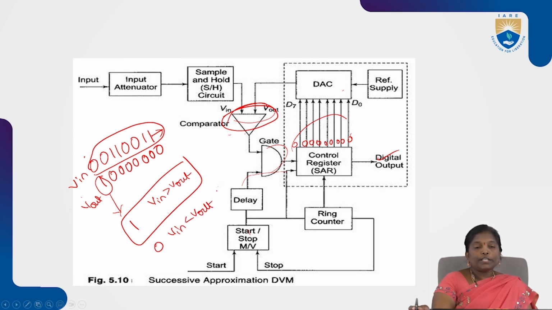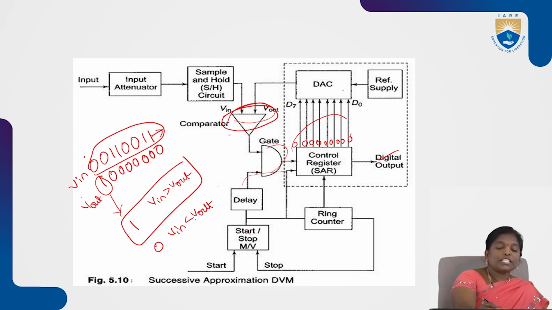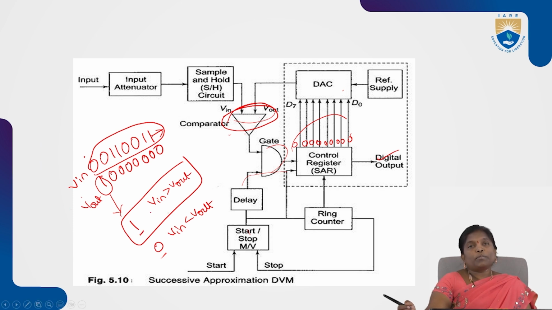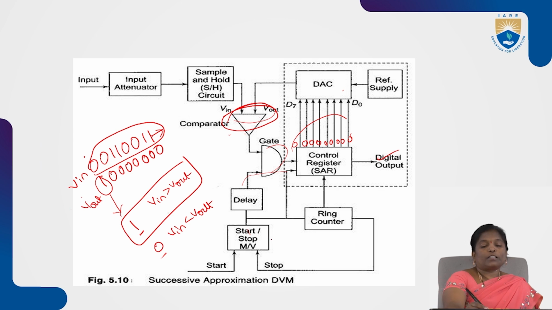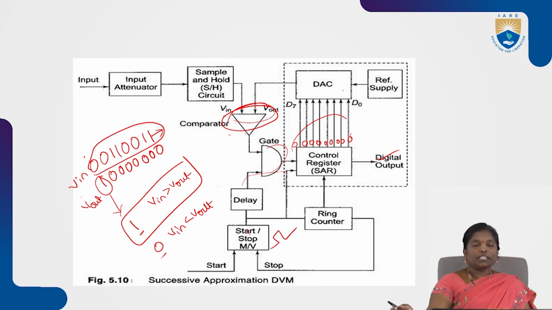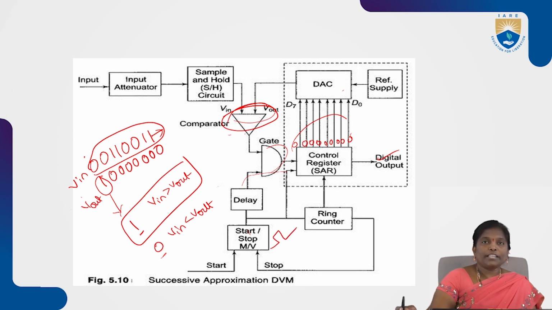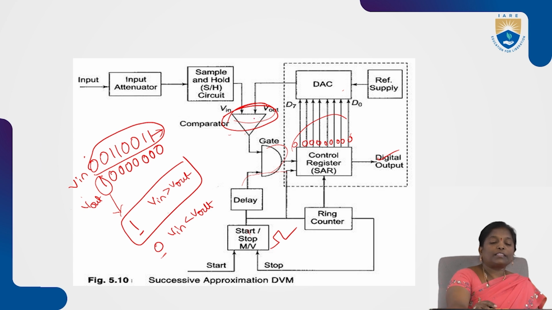If the input voltage is less than the output voltage, we have to reset the particular bit position to 0. If input is greater than output, we have to set that particular bit position to 1. Based upon this operation, for these 8 clock pulses, finally we can compare the input signal with the output signal.